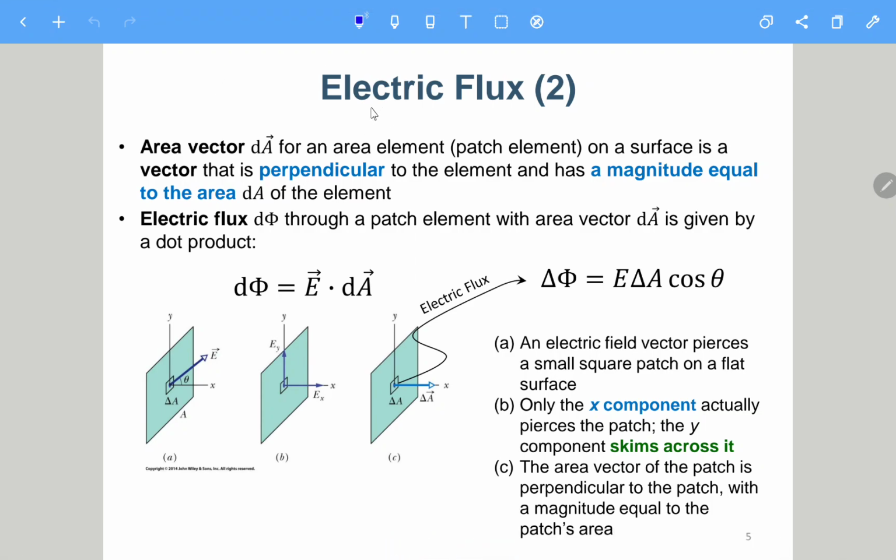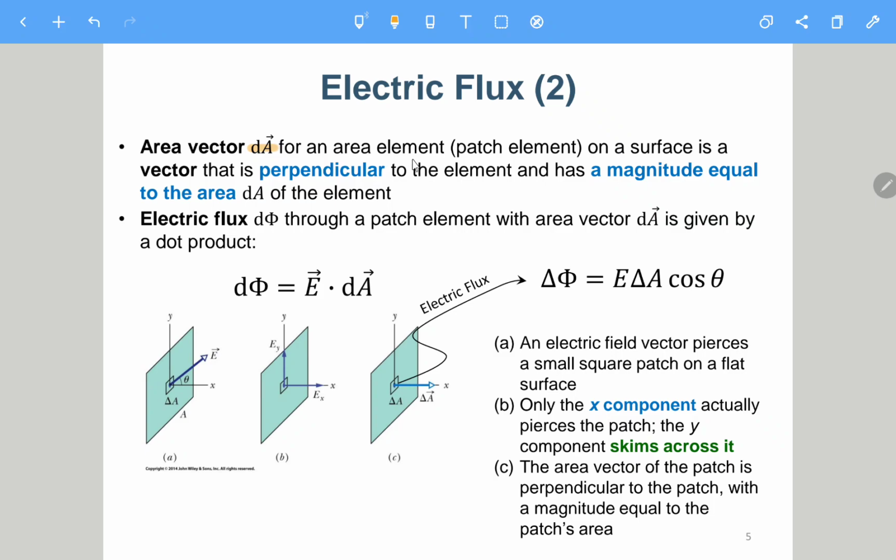Okay, so this is the integral part. Here we try to define the electric flux in a mathematical way. So let's start with the area vector. For a vector we should have the direction and also the magnitude.